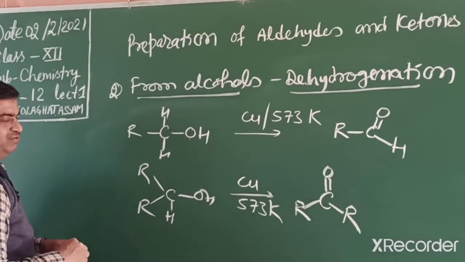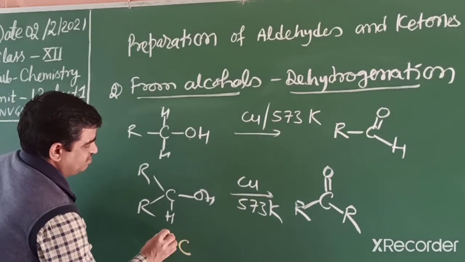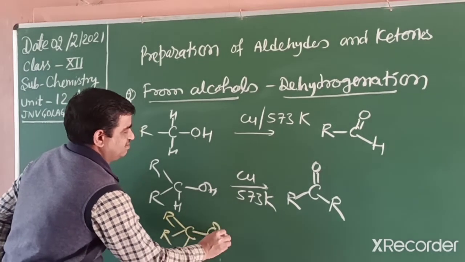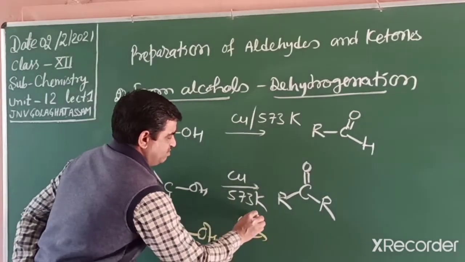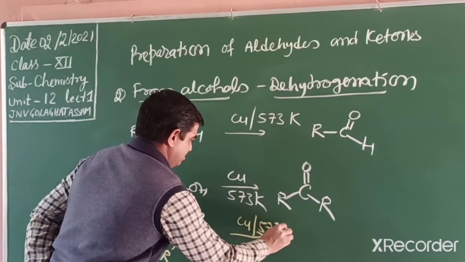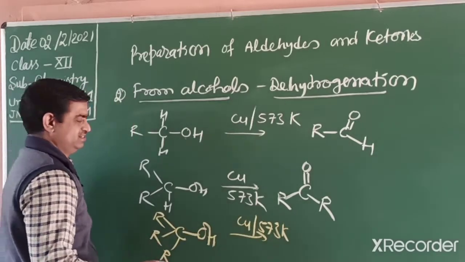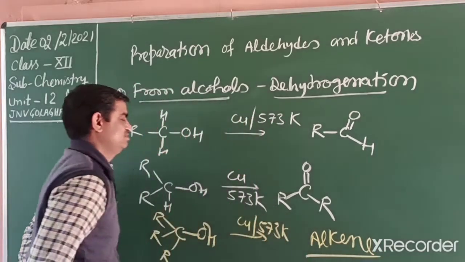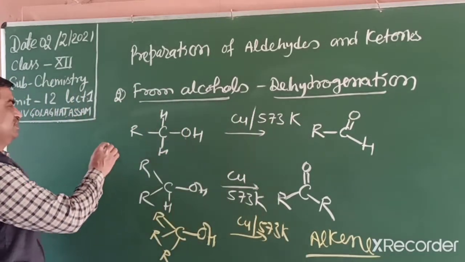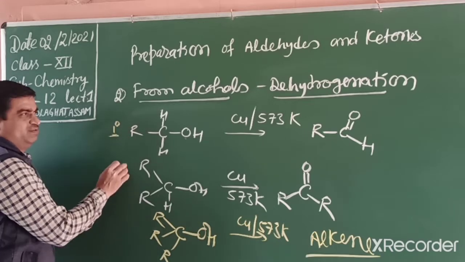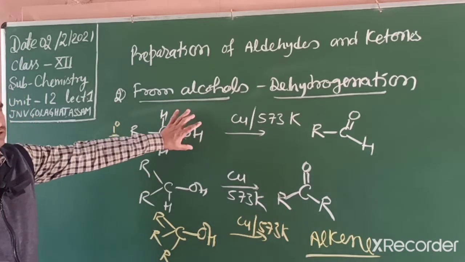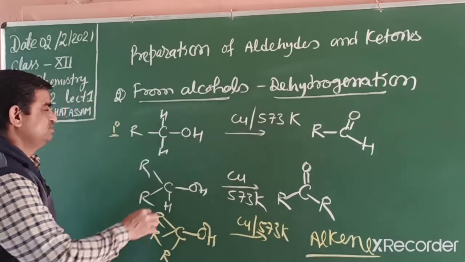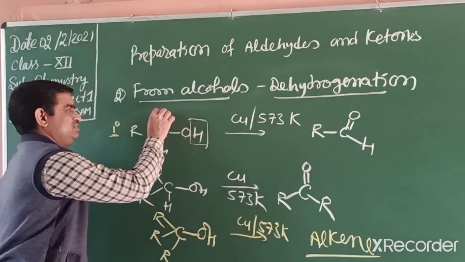If this alcohol is tertiary, then what happens, students? If the alcohol is tertiary at 573, then dehydration occurs. We get alkene. Alkene is the major product. So this one is the difference. If the alcohol is 1 degree, by catalytic oxidation, this reaction is oxidation also, and removal of hydrogen means dehydrogenation, here hydrogen is released.